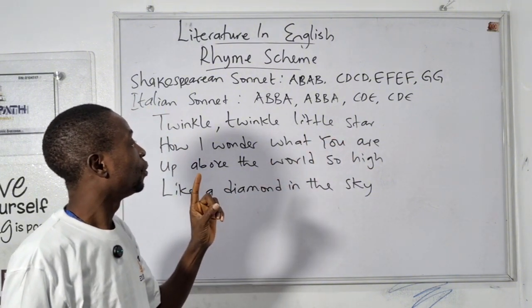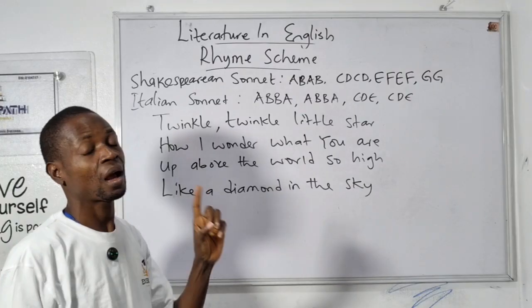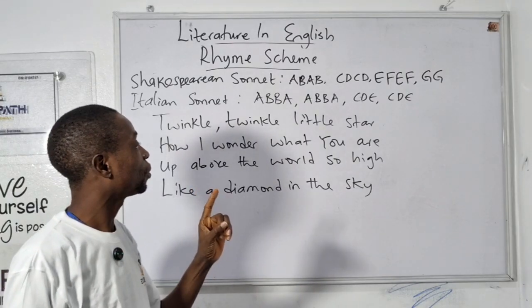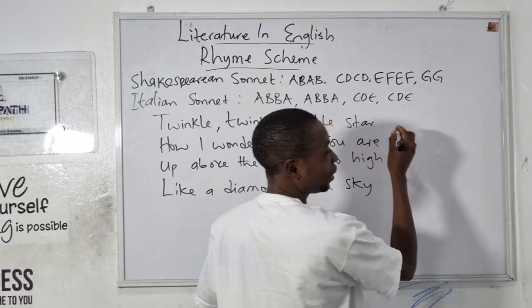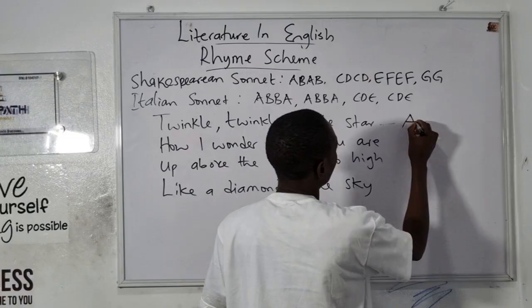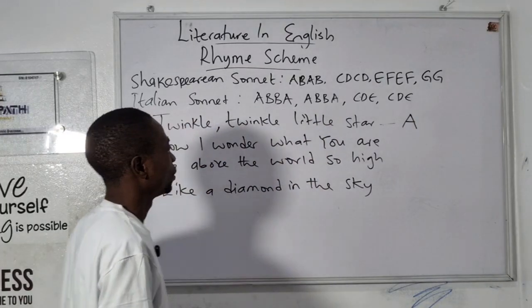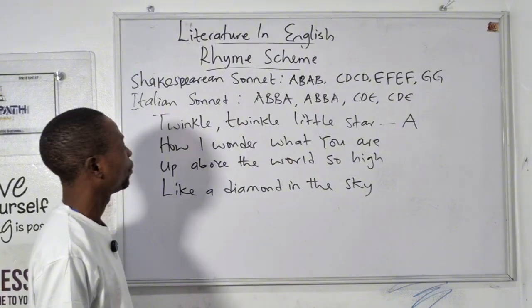The vowel sound we have in the last word in the line is R. Twinkle, twinkle, little star. Then we have the R sound. You name it what? You name this A.